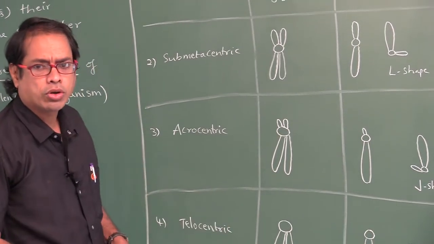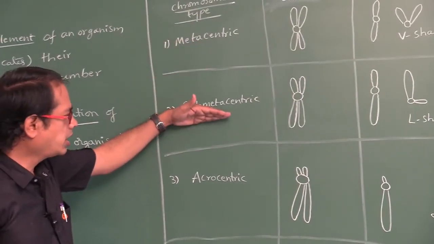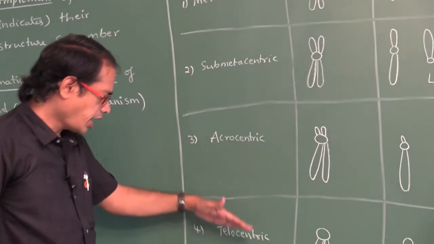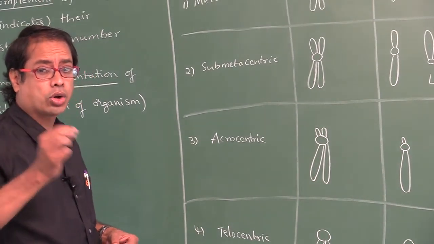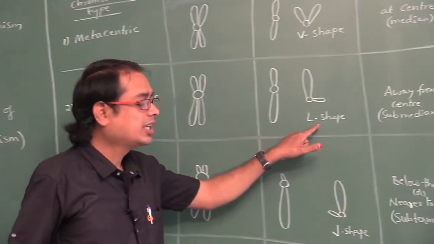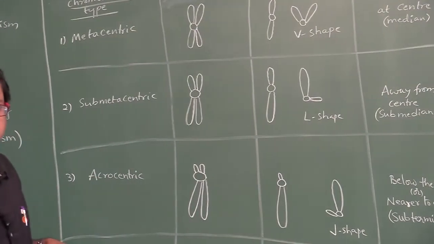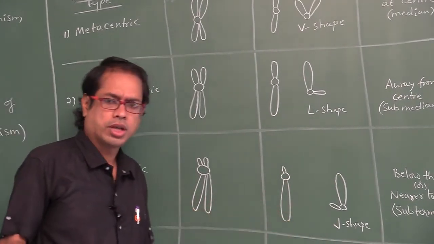Okay. Shape of the chromosomes: metacentric is V shape, submetacentric is L shape, acrocentric is J shape, telocentric is I shape. They will ask, the shape of the submetacentric chromosome is L shape. The shape of the acrocentric chromosome is J shape.